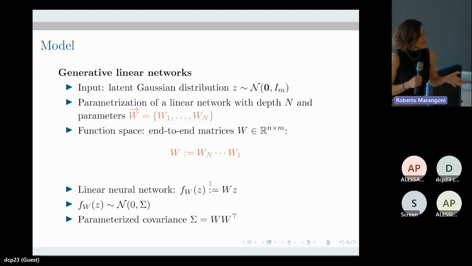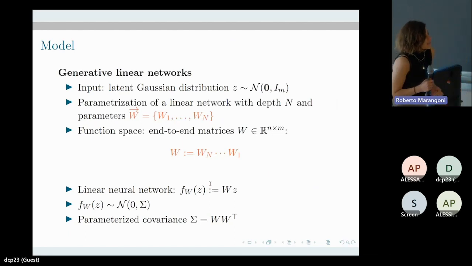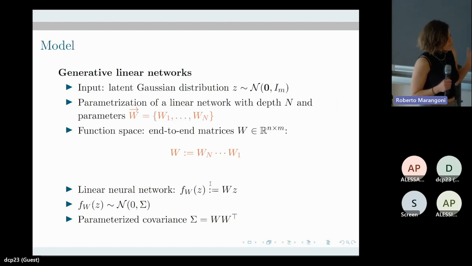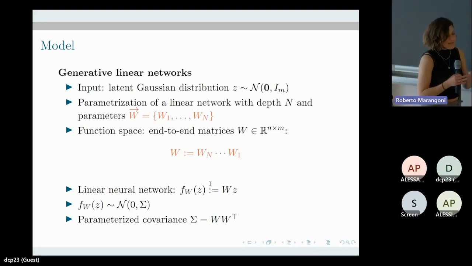So we have an input. The input is a latent Gaussian distribution, and by this we mean with a zero mean and the identity as a covariance matrix. Then what we want to do is input this latent Gaussian distribution to a linear neural network.